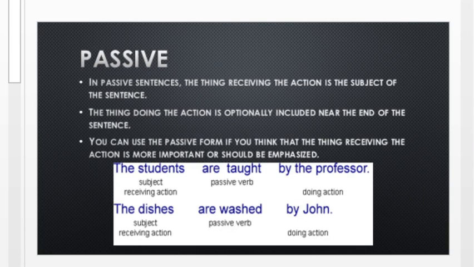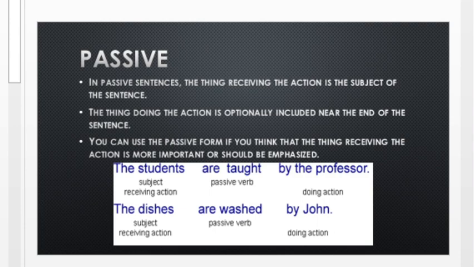Meanwhile for passive, it's a bit of a reverse in terms of the sentence structure. In passive sentences the thing receiving the action is the subject of the sentence, and the thing doing the action is optionally included near the end of the sentence. It can be in the middle or totally at the end, but normally it's usually at the end.